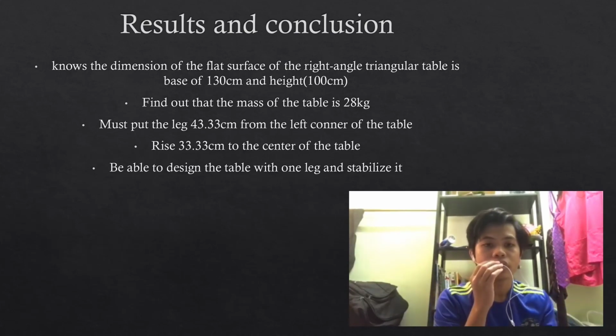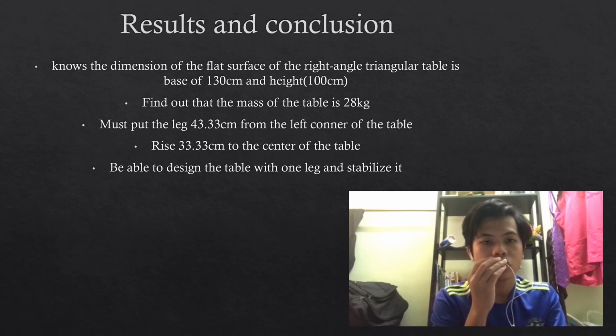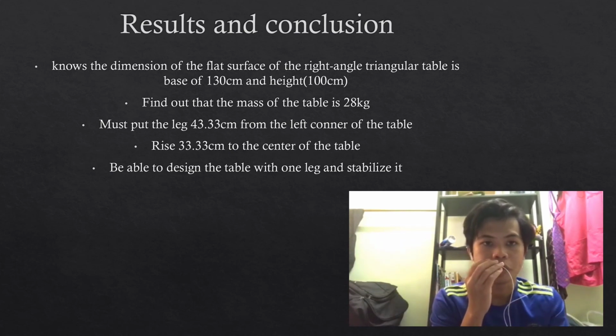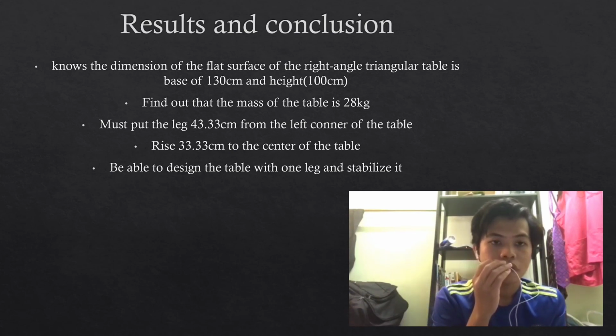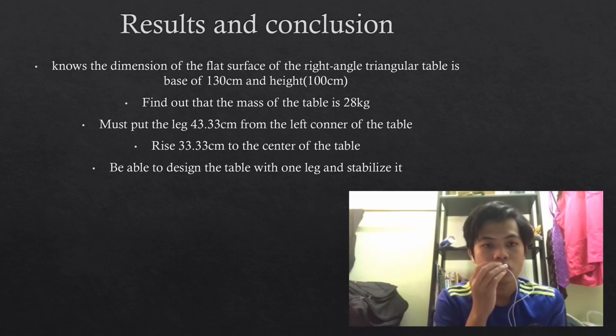So for the result and conclusion, in conclusion, the calculator knows the dimension of the flat surface of the right angle triangular table, which is a base of 130 cm and a height of 100 cm. So after the calculation, the calculator should be able to find out the mass of the table, which is 28 kg.